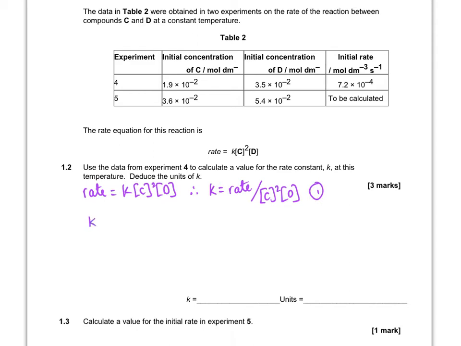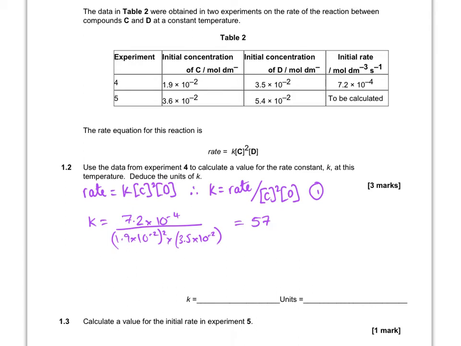We then just need to substitute the numbers in from experiment 4. So we've got 7.2 times 10 to the minus 4 divided by 1.9 times 10 to the minus 2, obviously that one's got to be squared, multiplied by 3.5 times 10 to the minus 2. That gives us a value of 57.